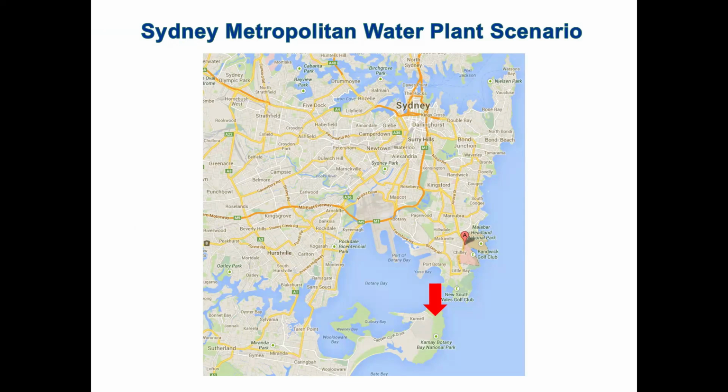We have Botany Bay, the airport, also UTS, and the desalination plant located in this area. They produce and then supply to the city area. So let's have one video of what a seawater desalination plant looks like.